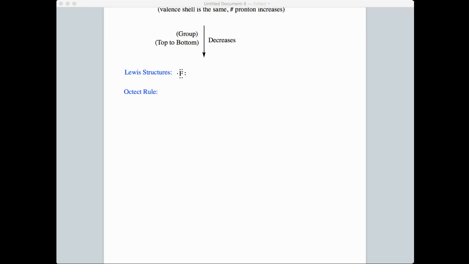Okay, so remember, the origin of the octet rule is that noble gases are highly stable, right? And the one thing they all have in common is that they have a full valence shell. So the valence shell of every single atom that is considered a noble gas in group 8 is actually full, right? And they're highly stable.